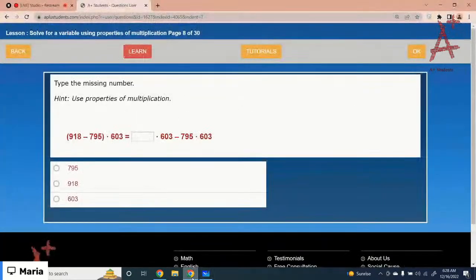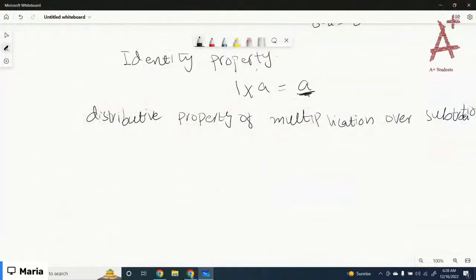A times (B minus C). Got it? So you have to multiply A times B, and then minus A times C. Got it?